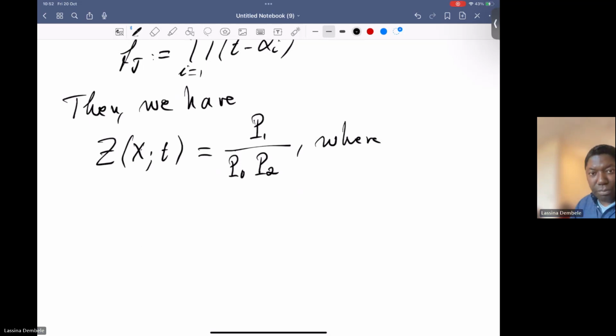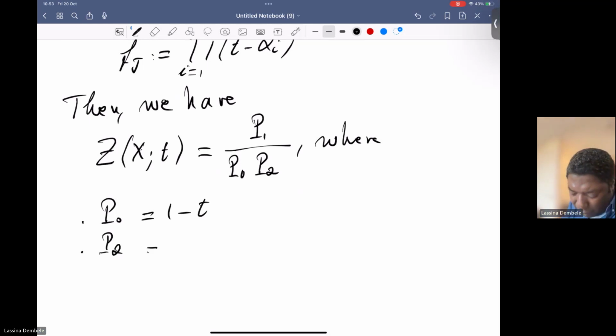So p0 is simply 1 minus t. p2 is just 1 minus q times t.